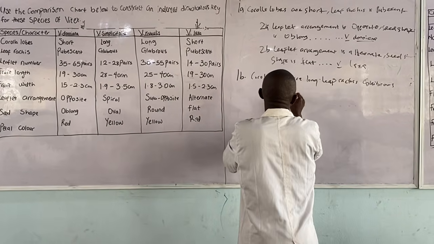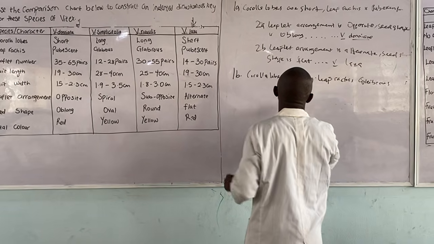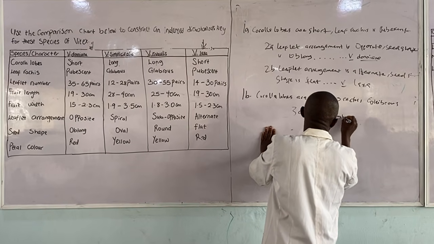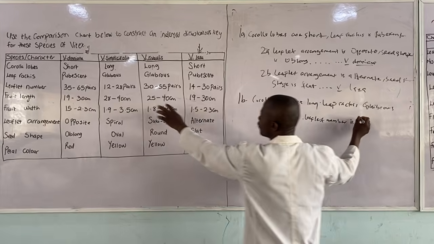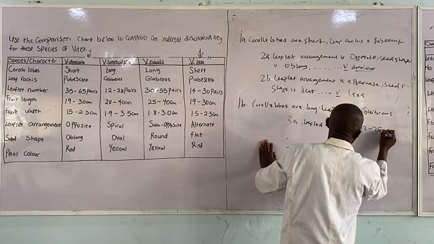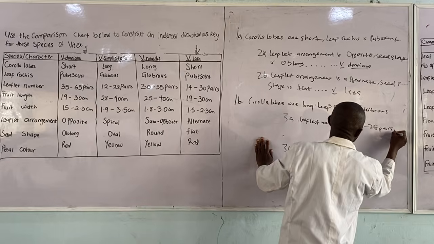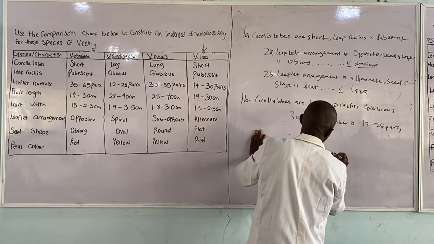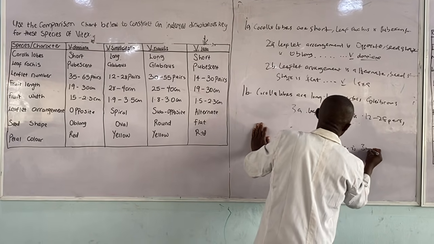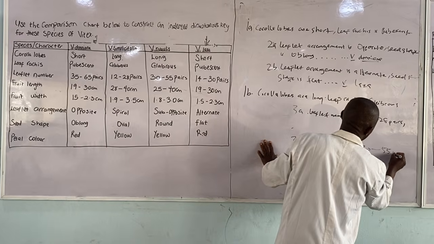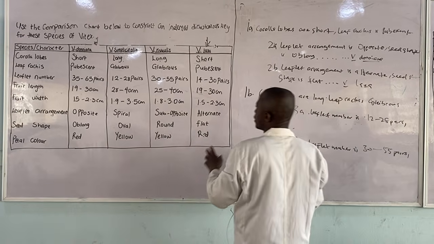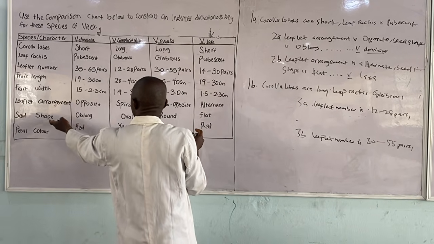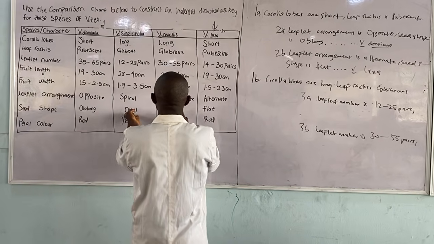So here we have 3A and 3B. Leaflet number here is 12 to 28. The leaflet number here is 30 to 55 pairs. Then, what characters do we have that differentiate them? You can see seed shape, oval and round.